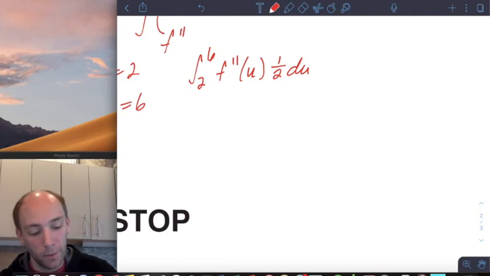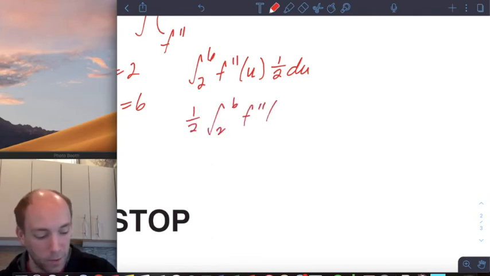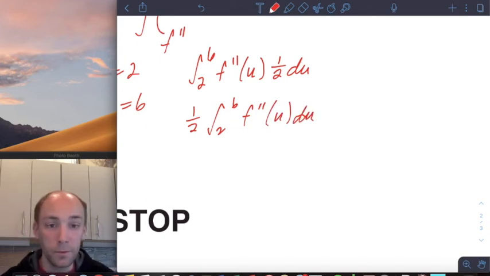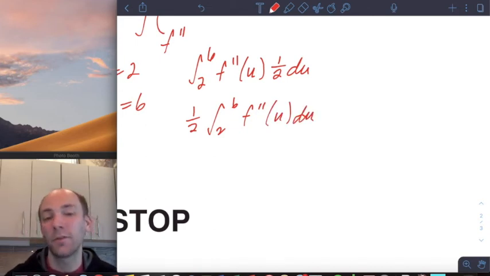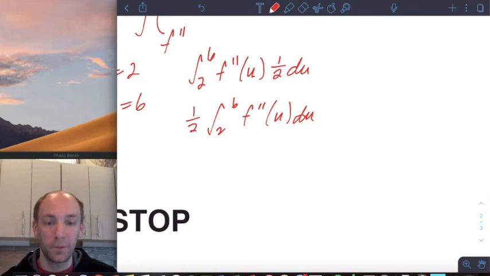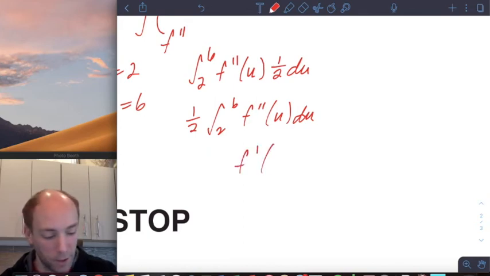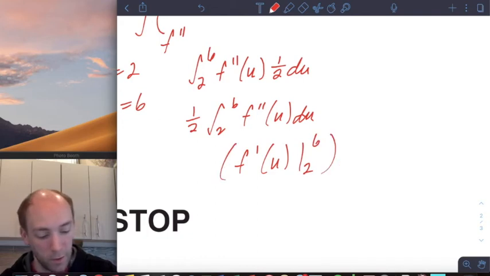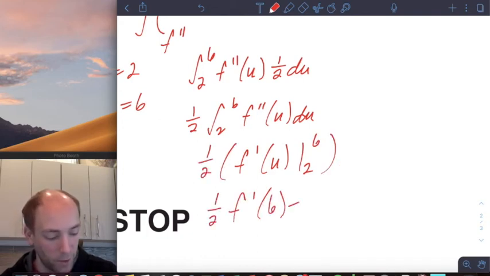I'm going to go ahead and pull out the 1/2. 2 to 6, f double prime of u du. And the antiderivative, like we said, of f double prime is just f prime. So this one will change to f prime of u, and we'll evaluate it from 2 to 6, but it's still going to be 1/2. Okay, so f prime of 6 minus f prime of 2.